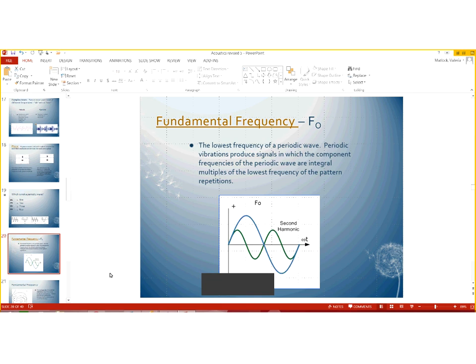And that's called the fundamental frequency. So typically a male's vocal folds will naturally vibrate at fewer cycles per second than a child's or a female's fundamental frequency.